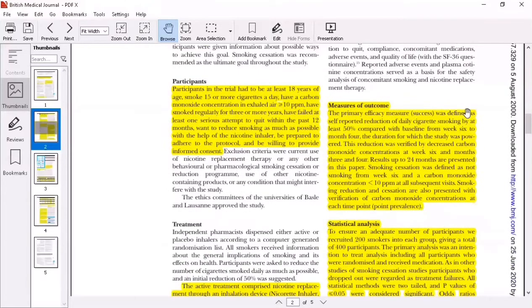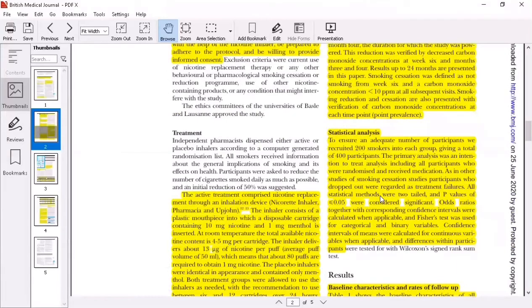And then that is checklist number 12A, statistical method. It is about statistical methods used to compare groups for primary and secondary outcomes.